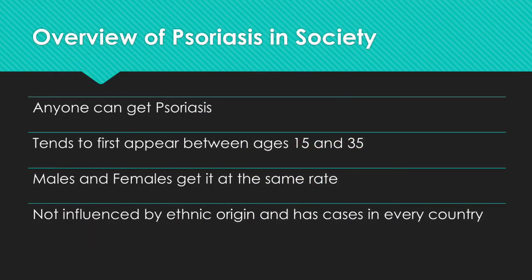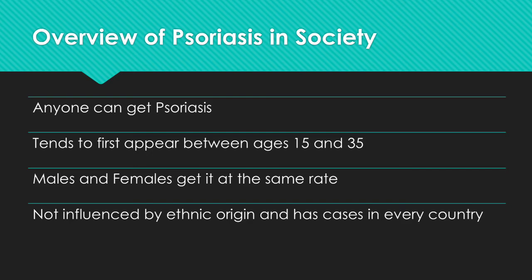Okay, so the general overview of psoriasis in society is anyone can get psoriasis. It tends to first appear between the ages of 15 and 35, although people younger than that or older than that can experience their first appearance of it.